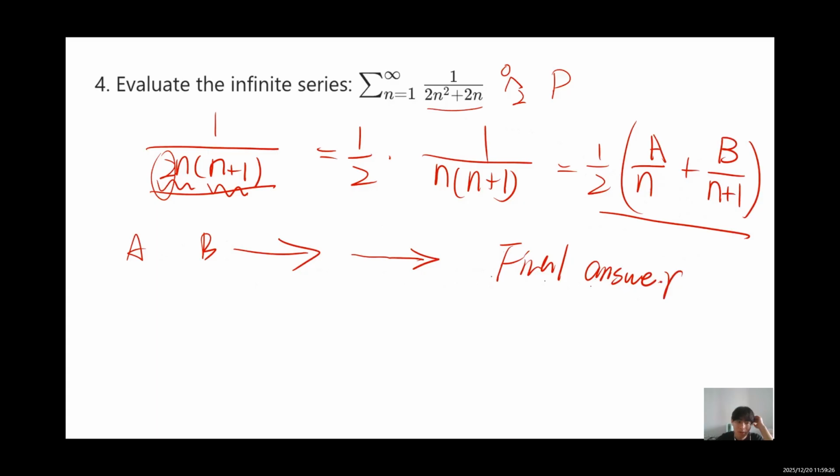I know cancelling feels very good to do, but please don't forget the 1 over 2 after you cancel. Okay, don't forget 1 over 2. So we just skip the calculation.